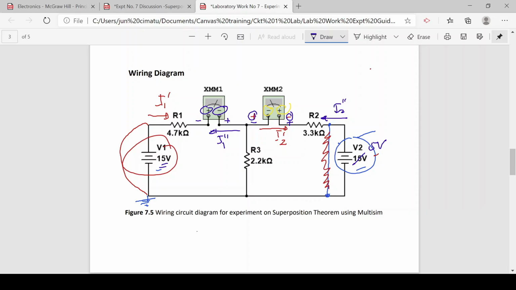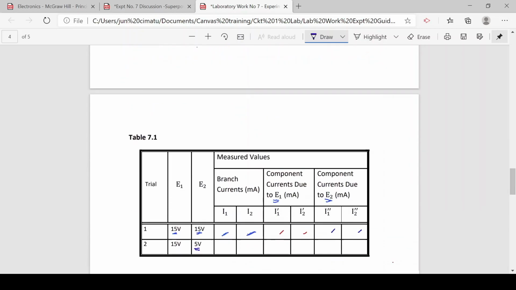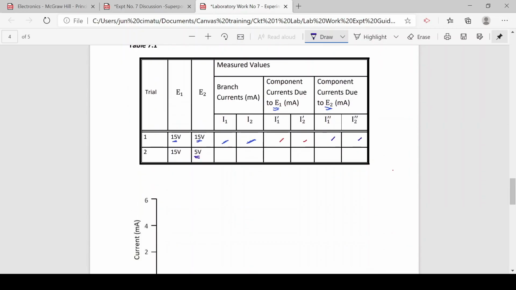Since it is the same as run 1, you will just simply copy the component currents due to E1 to trial 2. So whatever the current obtained in trial 1 for E1, that would be the same component currents due to E1 in trial 2.